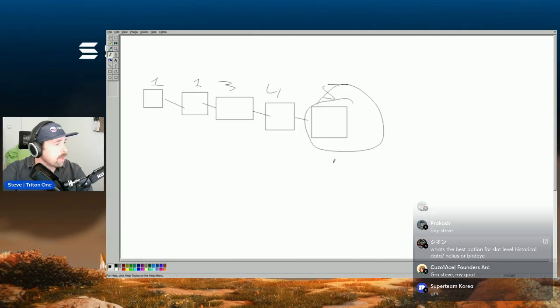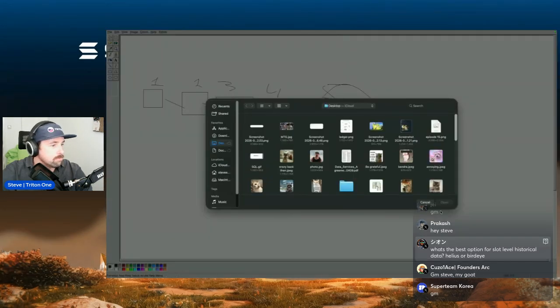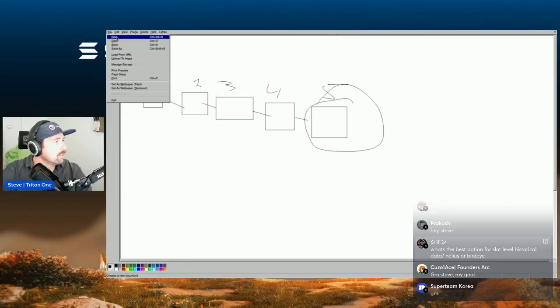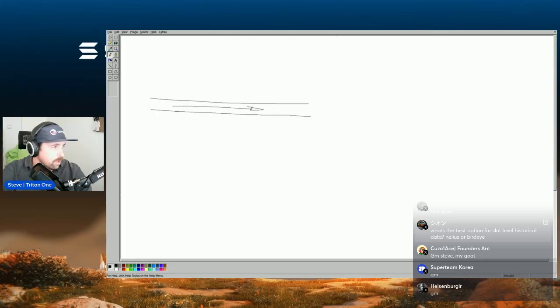I'm going to get my little whiteboard here again. Fumarole is a gRPC stream which sends all transactions to your backend from the network.